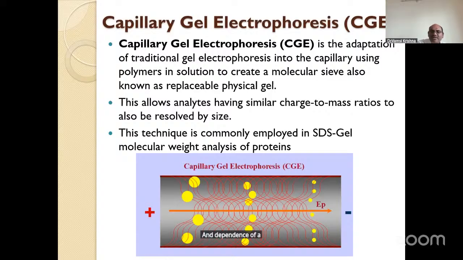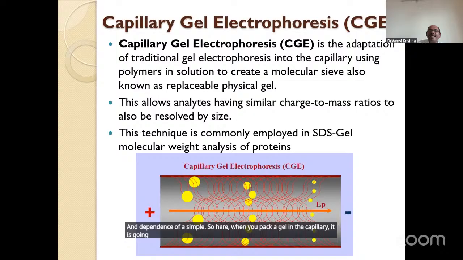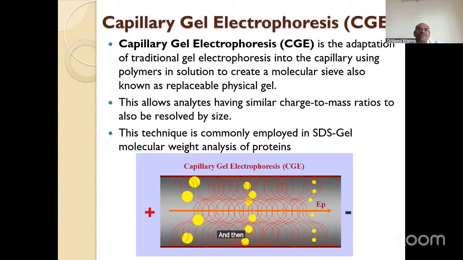So when you pack a gel in the capillary, an entangled polymer network is formed, like what we are observing in the figure. Like that, the entangled polymer network is formed, and then it allows separations based upon charge to size.